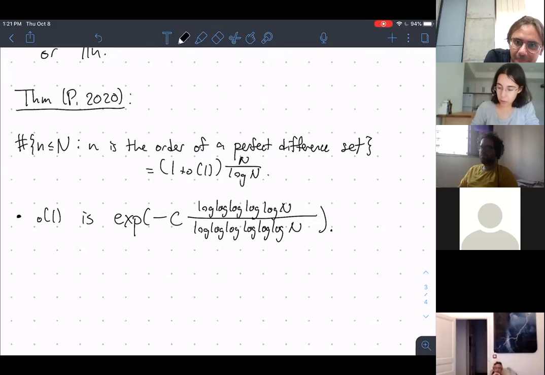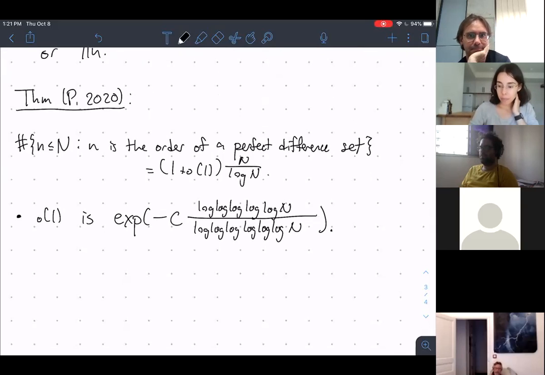And so you can ask, could I prove such a result more generally for orders of projective planes? And the answer is no, I can't, at least not with my methods. It uses some things that are really specific to perfect difference sets and not more general objects like finite projective planes.